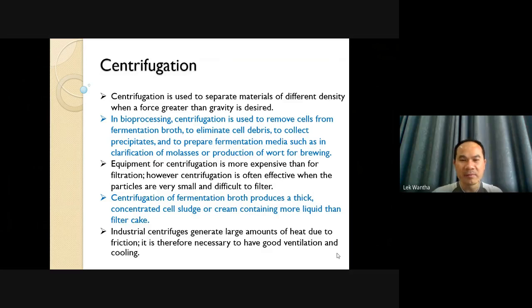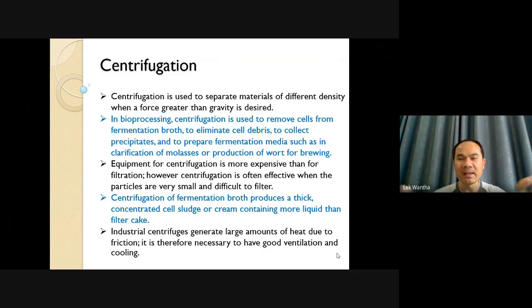Okay, but centrifugation of fermentation broth produces a thick concentrated cell slurry or cream containing more liquid than filter cake. After you centrifuge, some solid will contact the wall of the tank and deposit there. Compare this with filter cake, which deposits on the surface of the filter medium.